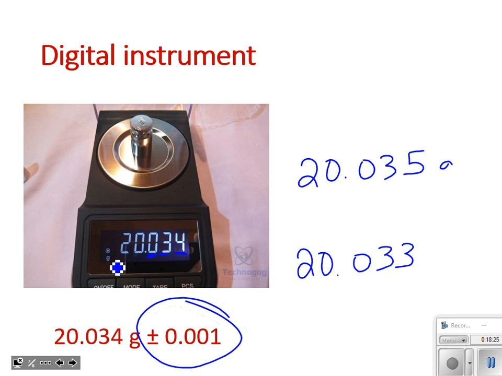So with this one, I guess I need to have labels. My range on the lab, if you were being graded on these numbers, should be anywhere from 20.033 grams to 20.035 grams.